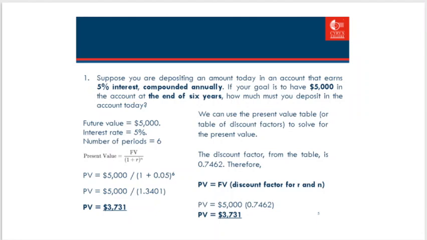So what is the formula to get present value? Present value equals future value divided by (1 plus R) to the power of N, the number of periods. We already know the future value, $5,000.